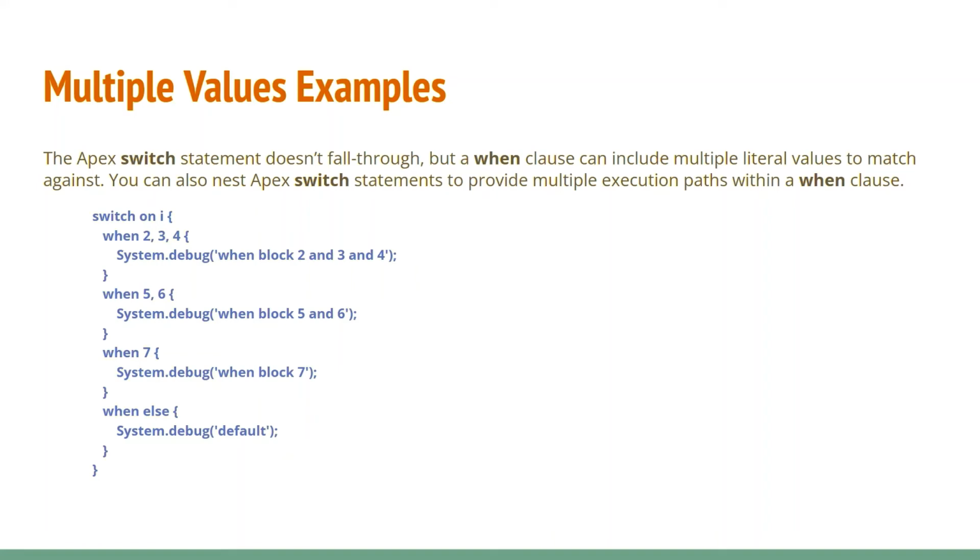The main purpose of multiple values is that if you are very sure, or it is very deterministic, that this is the expected value or value range, then you can specify multiple values like when 2, 3, 4, 5, 6, any number of values, by comma separation. So that particular logic will run accordingly.